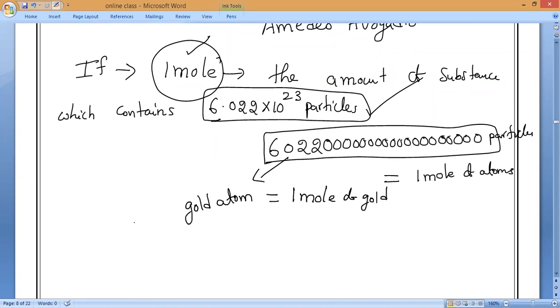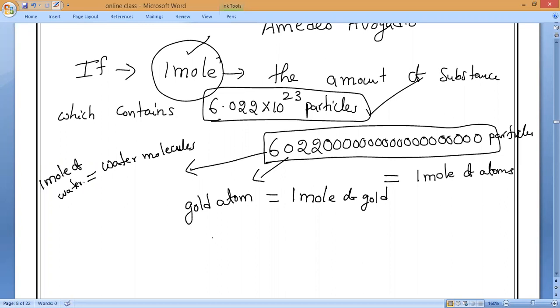Suppose I say these many water molecules, then it is equal to how many moles of water? 1 mole. That is what you have to understand.